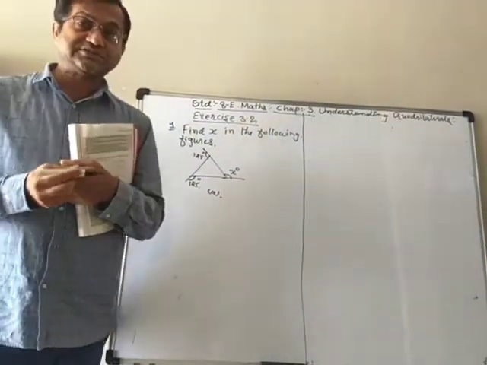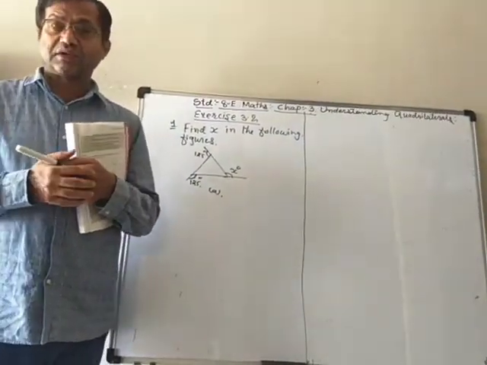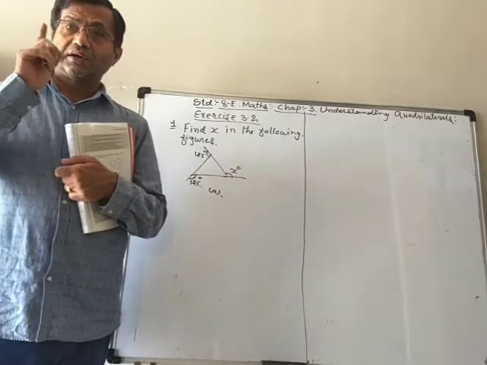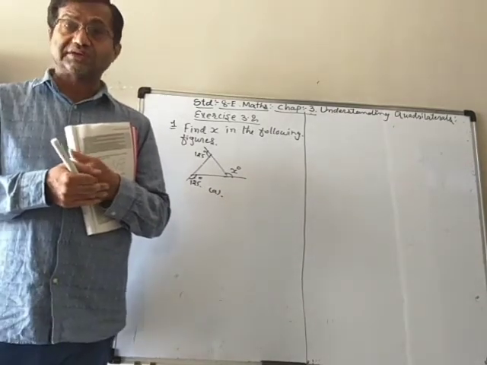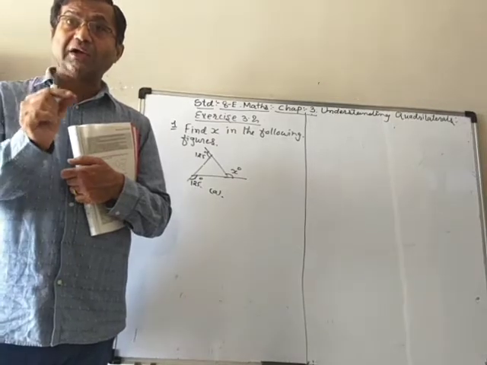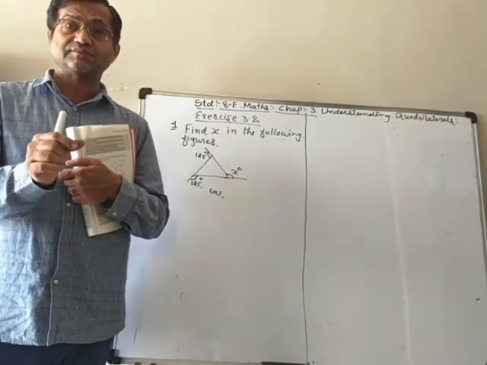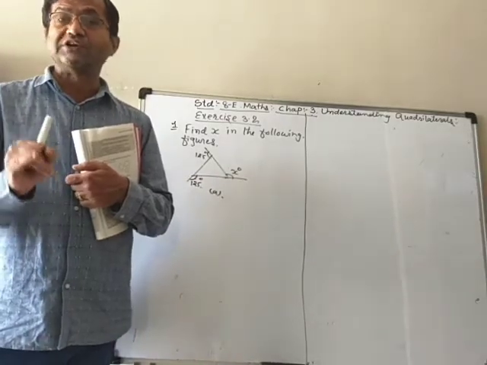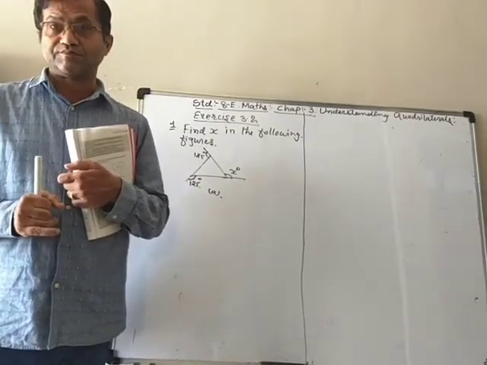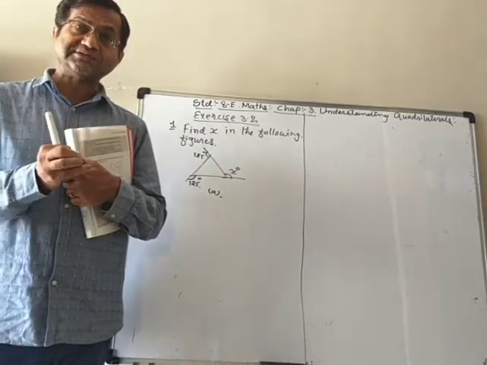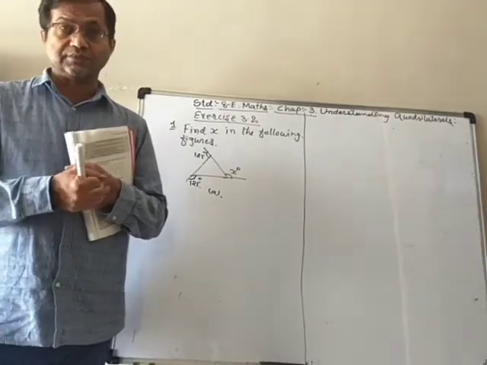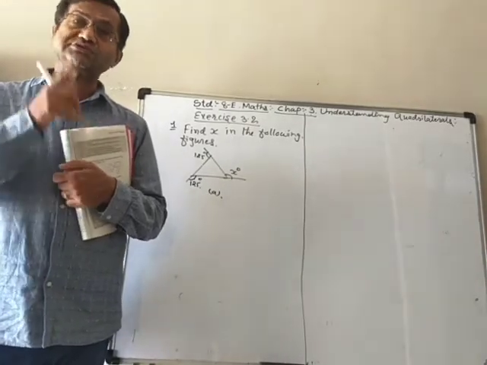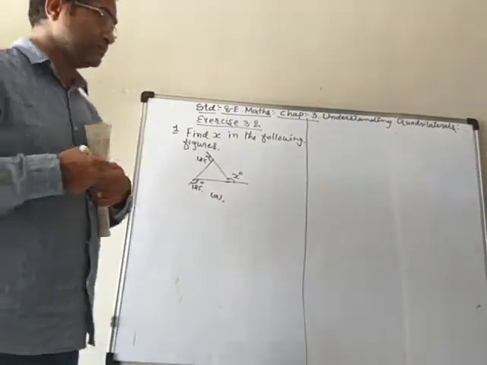And in the previous lecture, we learned that the sum of all exterior angles of any polygon, it doesn't matter which type of polygon it is, is 360 degree. So we have to use that concept here.